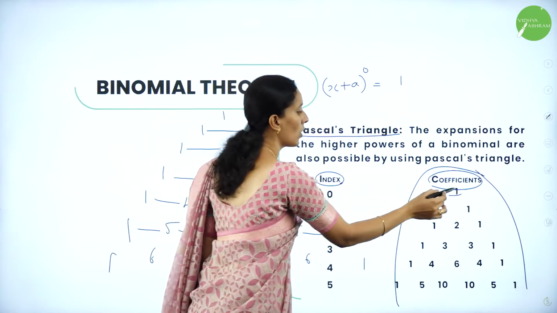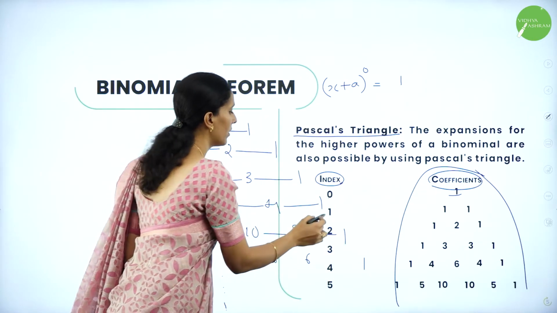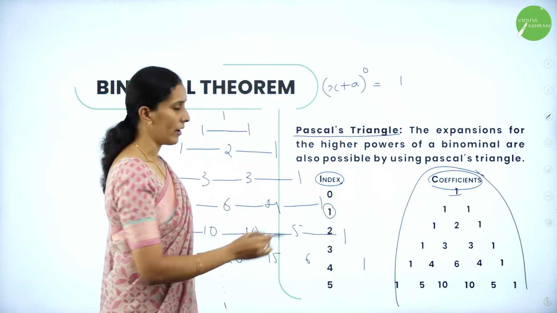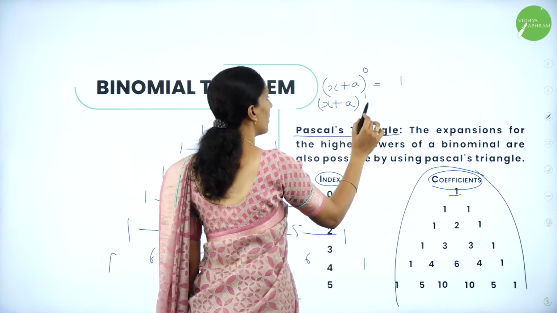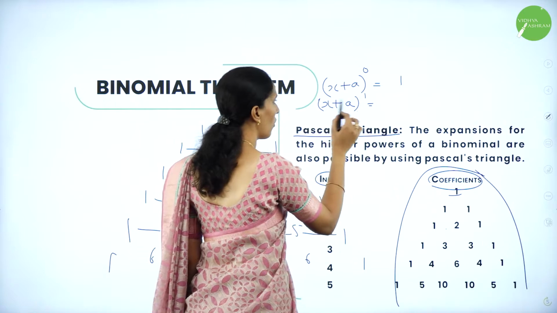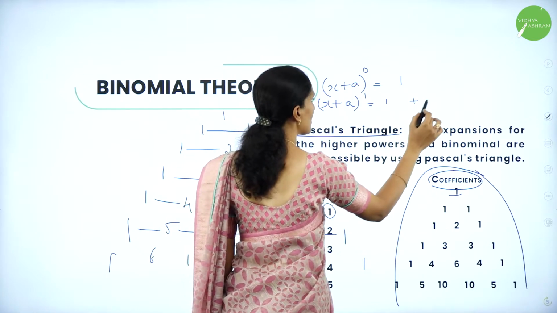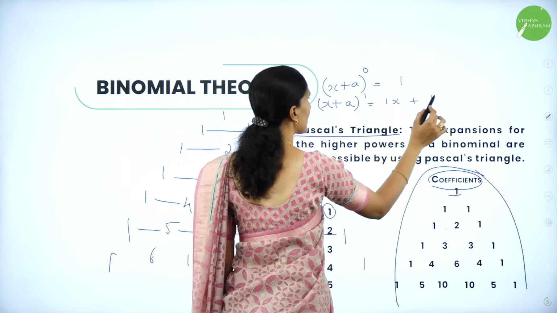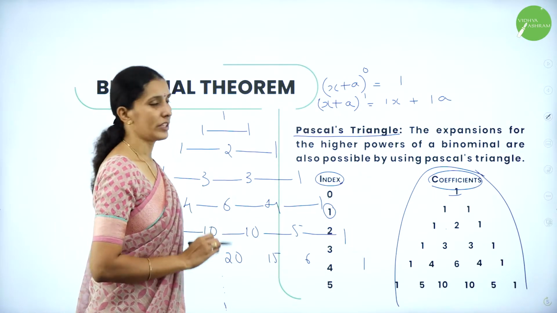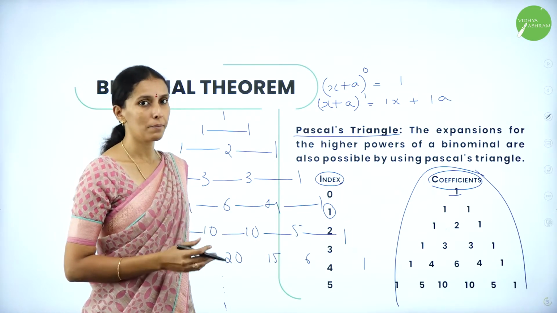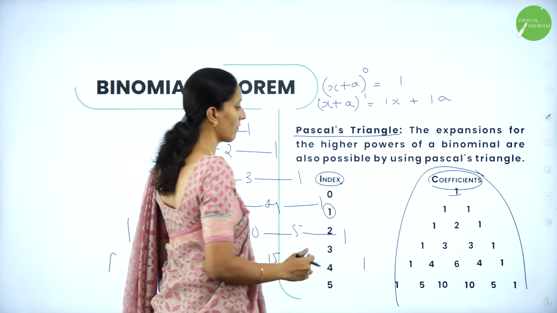This represents the coefficient. If the index is 1, that is x plus a to the power 1, then you have a coefficient for each term, 1 plus 1, and here it is x and here it is a. The 1 is not written specifically because when you multiply you will get the same value.